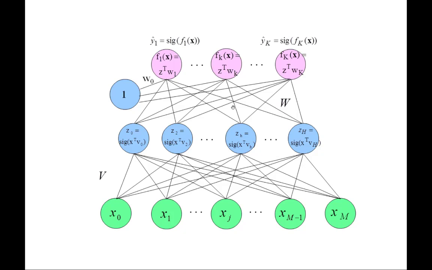We simply have several outputs, but this was also sort of a new idea at the time, because the alternative would be to train a separate neural network for every digit.